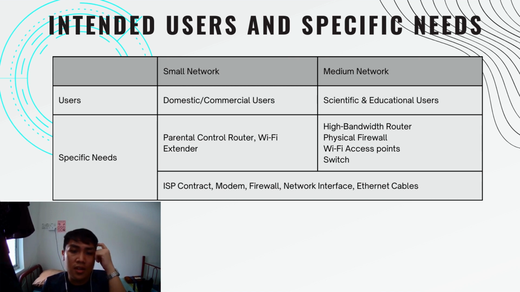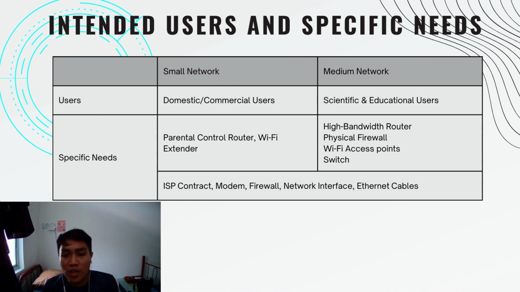And then the shared specific needs are an ISP contract, modem, firewall, network interface, and Ethernet cables. This is like basic stuff. In order for you to have internet in the first place, you have to make a contract with the ISP, the internet service provider, maybe Telcom or Maxis or any brand that they choose to be useful.